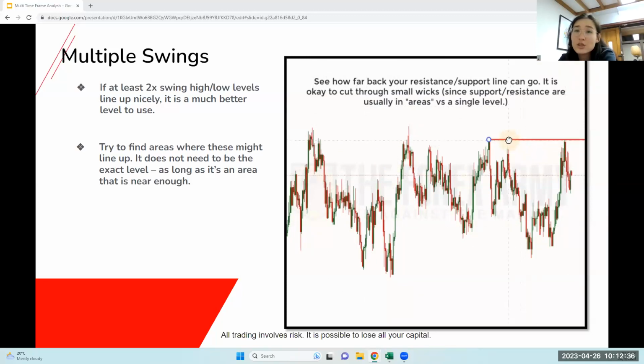Instead of just looking at the red line, we decided to highlight the entire area instead.